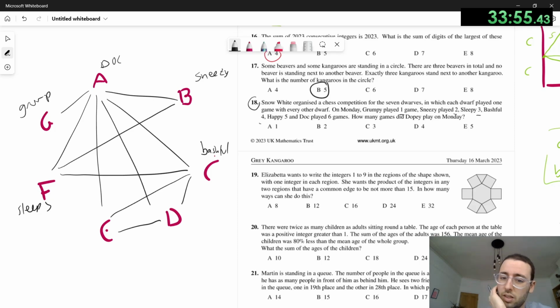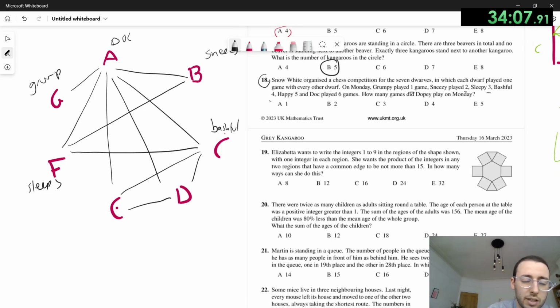Whoa, what is going on here? Altogether, there are only 21 games of chess that need to happen, but they include Dopey. Doc played 6 games, so that's 3 lines.